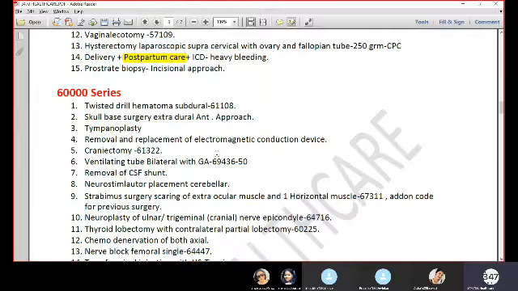I will tell some other questions. Molar pregnancy I said.